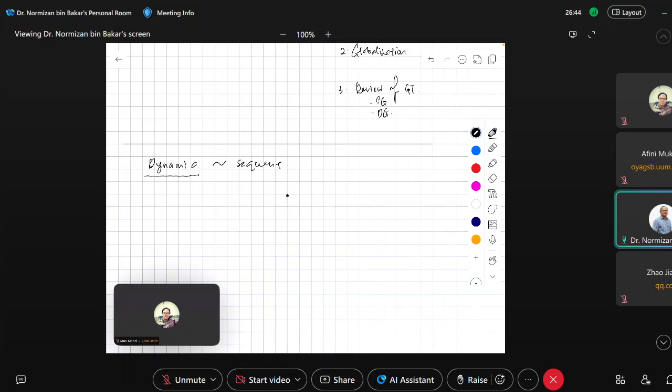For example, we have two players, player one and player two. So player one starts first. This is the way we show or describe the game. Player one chooses. Okay, this point we call a node.